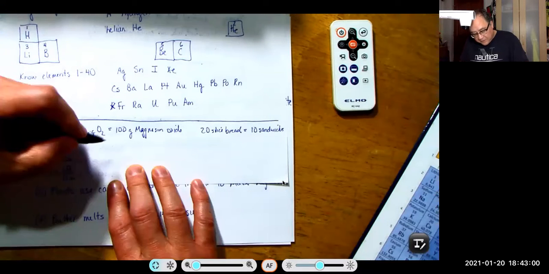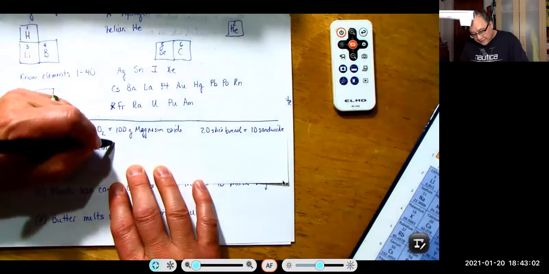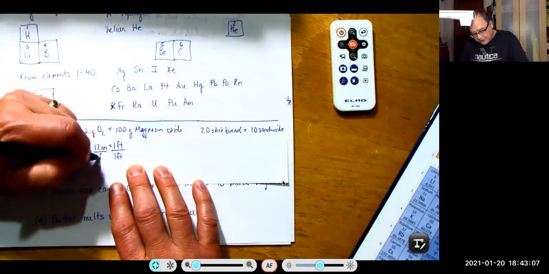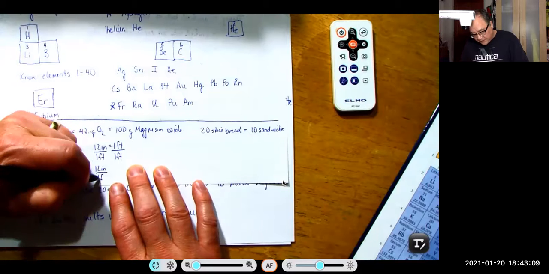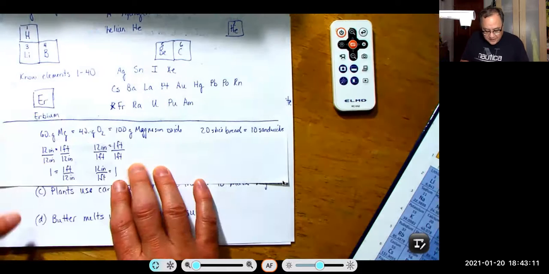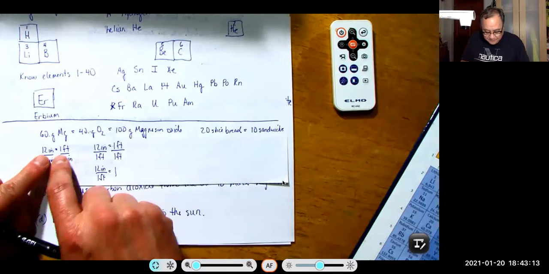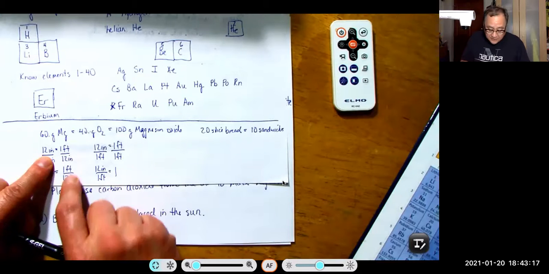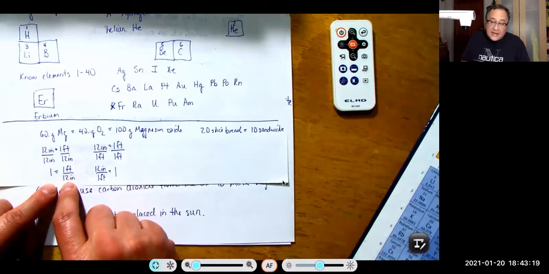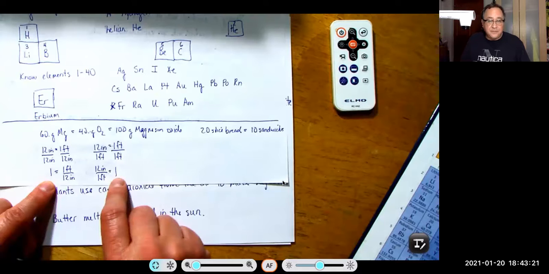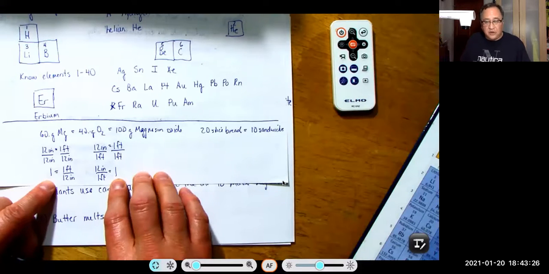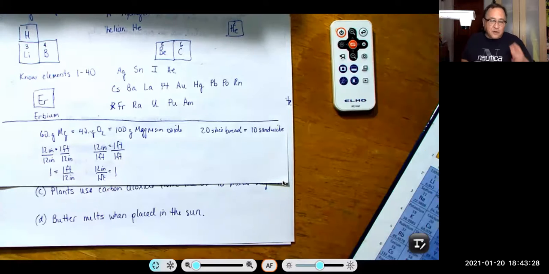If I take my 12 inches equals 1 foot, and instead I divide by 1 foot, I get 12 inches over 1 foot is equal to 1. So here, when I have an equality, I can take either side and put it on top, and the other side on the bottom, and I get a value equal to 1. And there's something in math called the identity law. So universal.